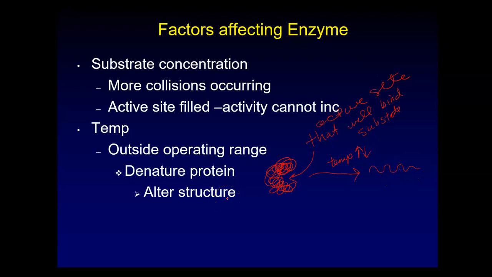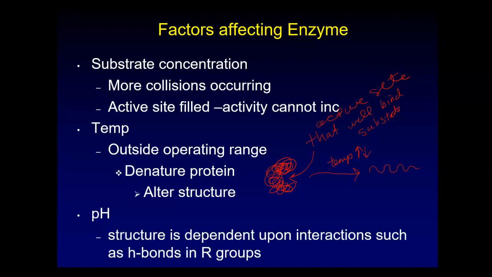Same thing with pH. With pH, we run the risk of damaging those interactions that are very important, like hydrogen bonds and ionic bonds that can occur between those R groups. So we end up altering that as well outside the operating range of pH. If the pH is too high or too low, again, we end up denaturing the protein.